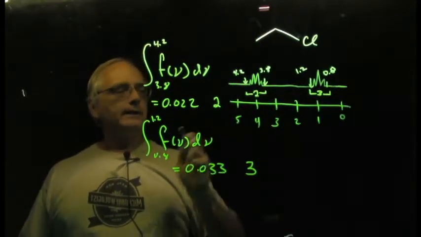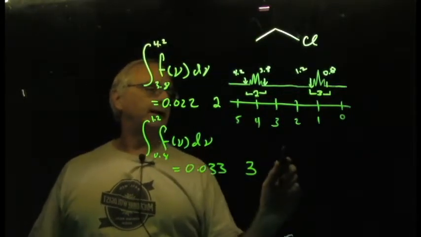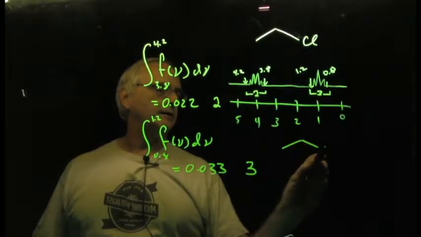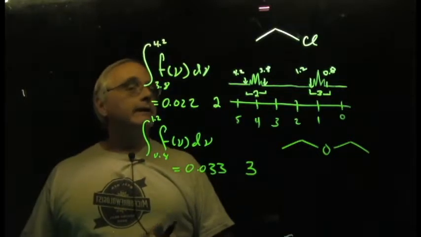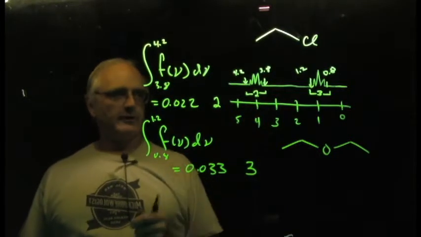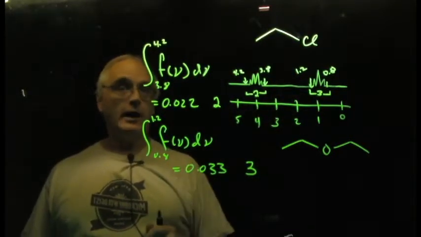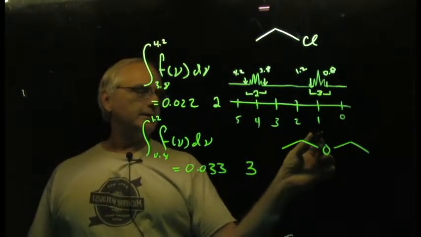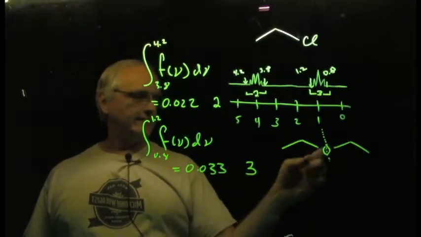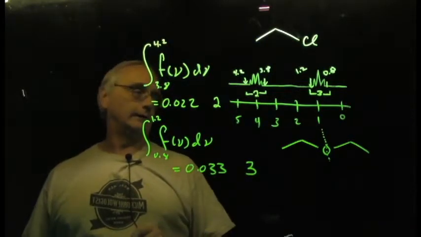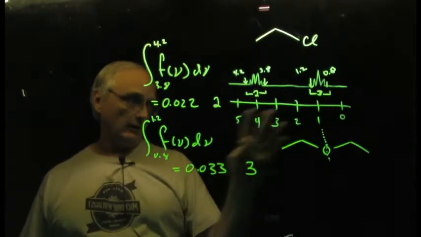Okay? Now, I do want to point out one other potential complication here, and that is, imagine this molecule, diethyl ether. If you ran this molecule in an NMR spectrometer, got the proton spectrum, to be honest with you, it would look much like this one. It would be hard to tell the two apart. This molecule is symmetric, and as we've talked about, that is going to give it only 2 groups to look at. So we will get a spectrum that has 2 groups, and their chemical shifts will be close to where these are.